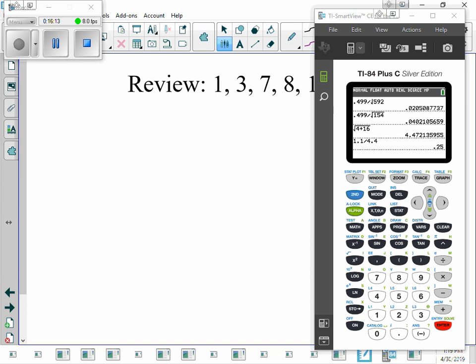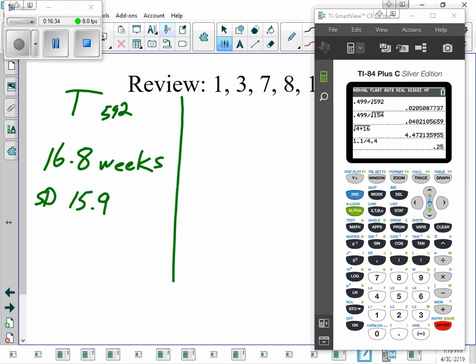So in the treatment group, the treatment had 16.8 weeks of paid work, and the SD was 15.9. And this was 592 people.